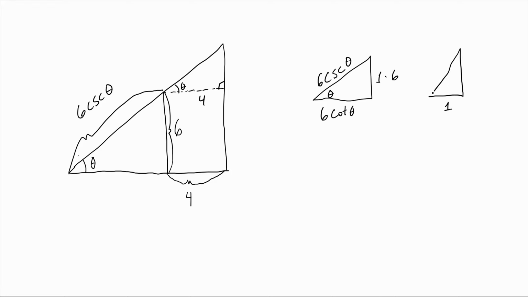If that's a theta, this would be tangent, and this would be secant. But since this is a 4 instead of a 1, you could say 4 times that. So 4 secant theta would be this length right here.